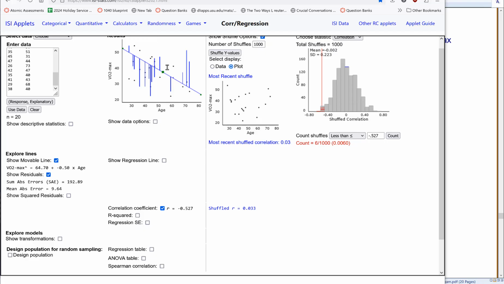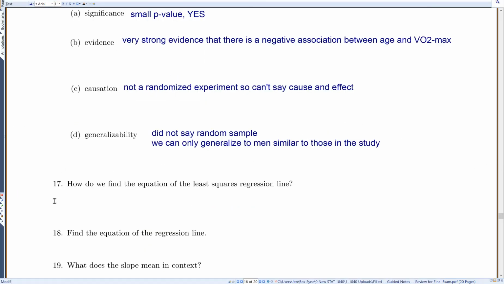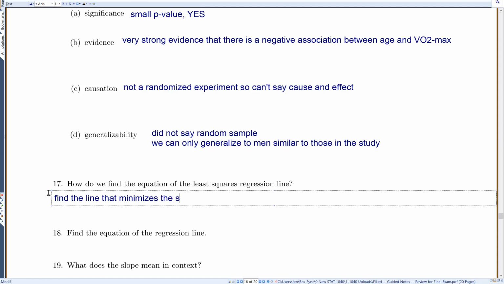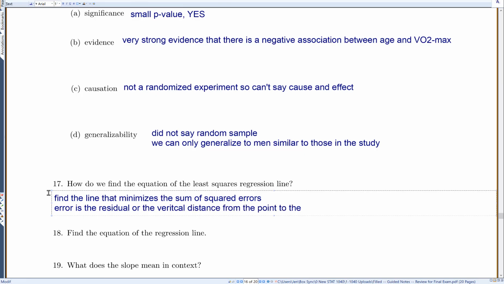Okay, and I want to make that as small as I possibly can. So we need to find the line that minimizes the sum of the squared errors. Or remember, the error is the residual, the vertical distance from the point to the line.